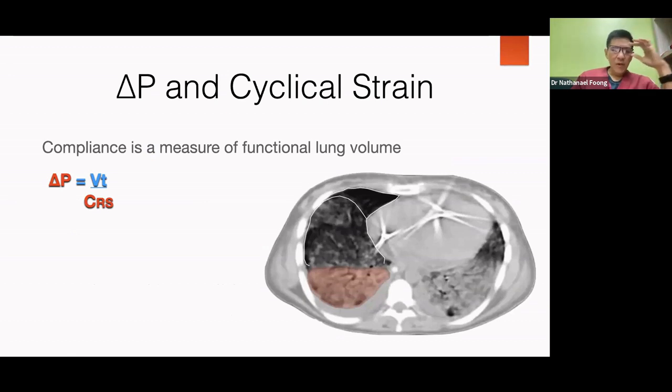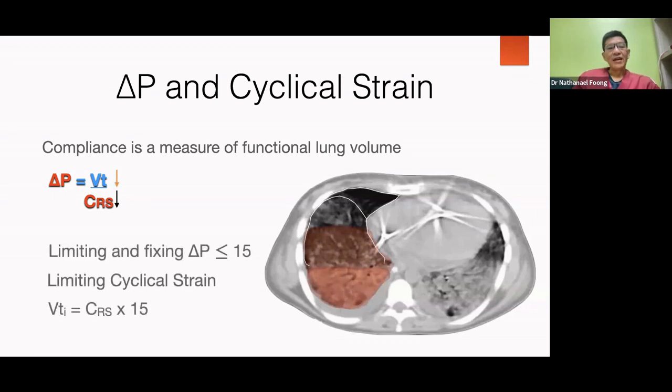Now, when we talk about driving pressure, I want to relate the driving pressure to the compliance and the tidal volume. As I said, compliance is a measure of functional lung volume, right? So if the compliance reduces, as in here, and the driving pressure is fixed, the driving pressure itself will automatically drive the tidal volume down to a number that fits the functional lung volume that's left behind, right?